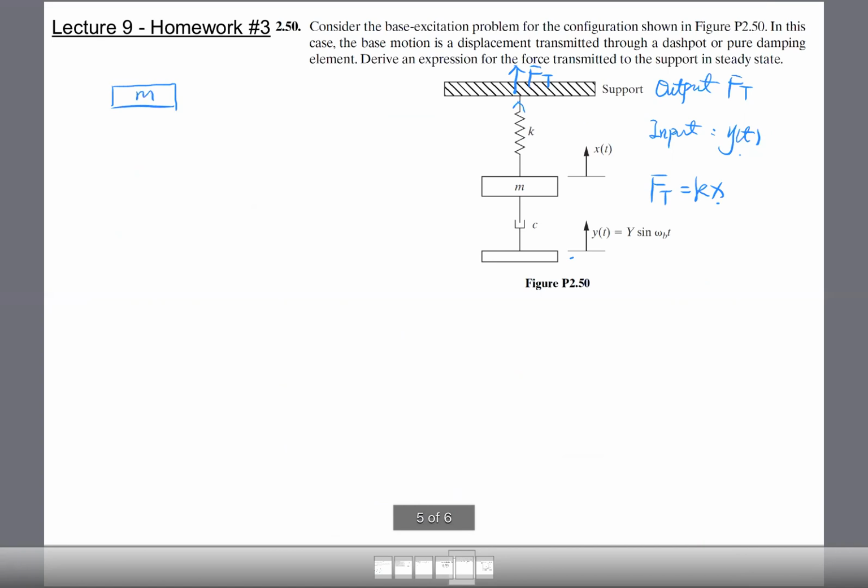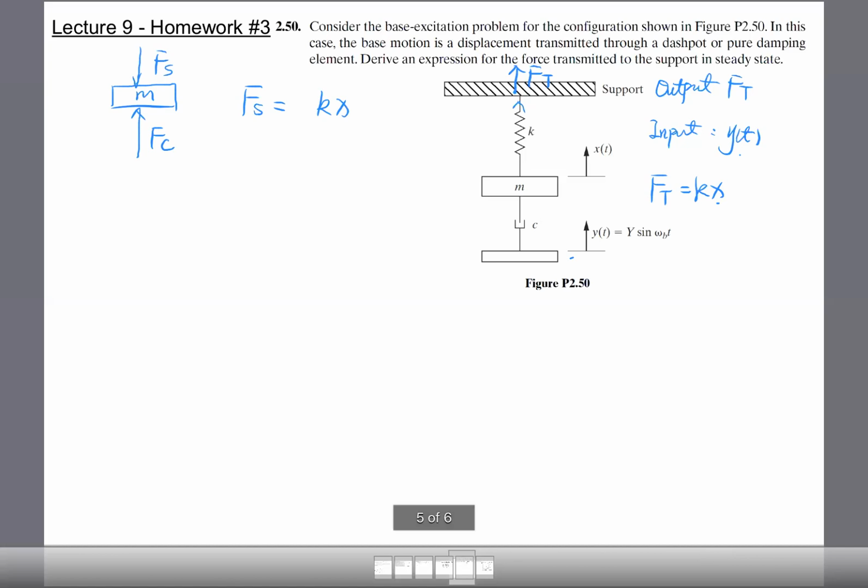So we have a spring force, Fs. We have a damping force, Fc. You have the freedom to choose the direction of these forces, but once you choose the direction, you have to be really careful about the sign. For example, your Fs definitely equals Kx, but is this positive or negative?